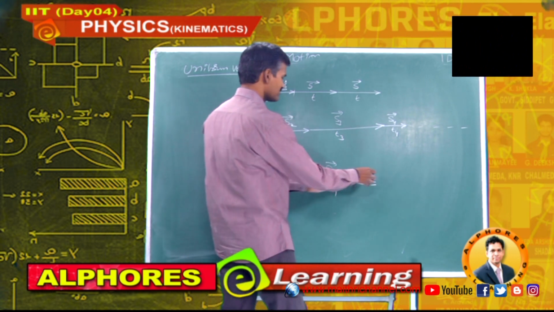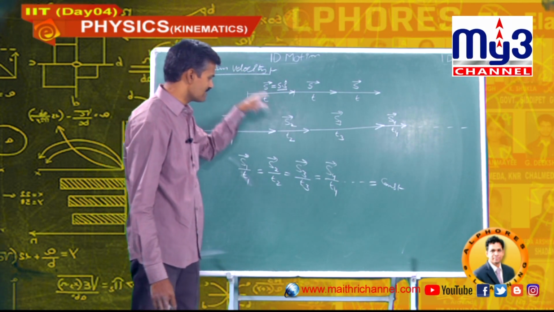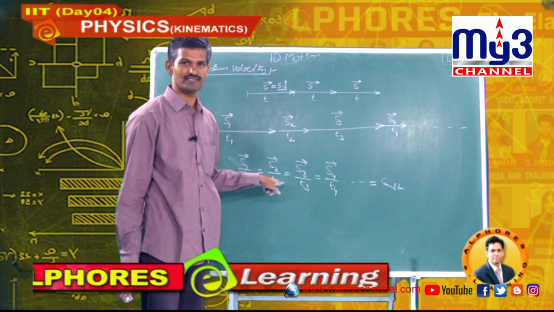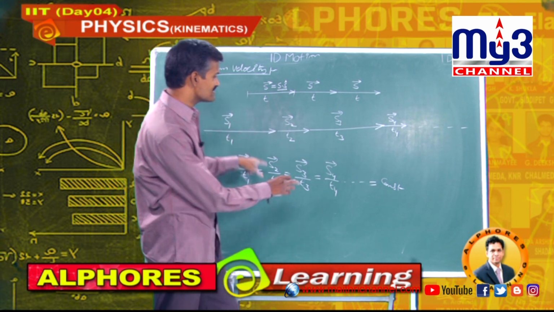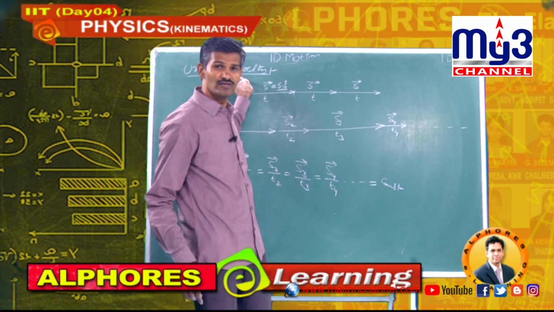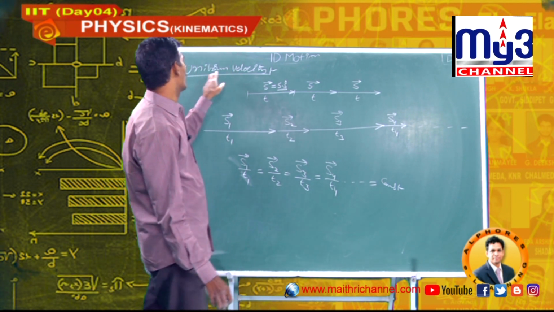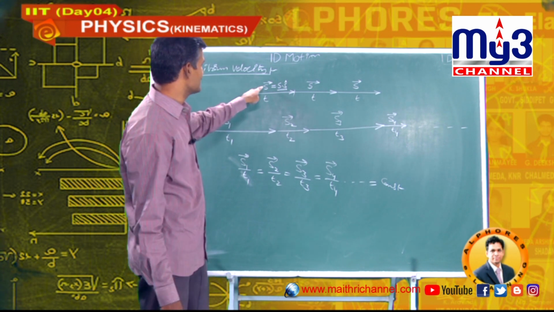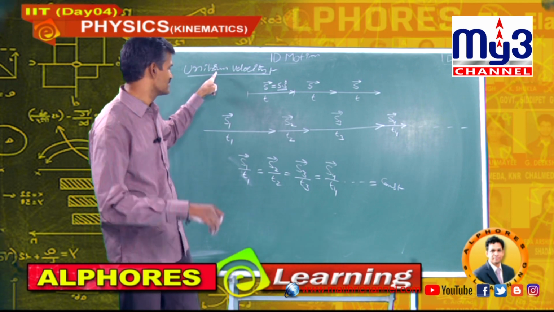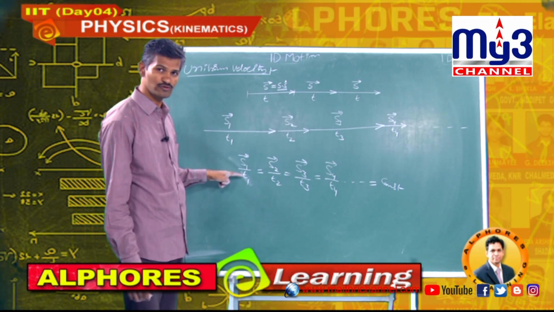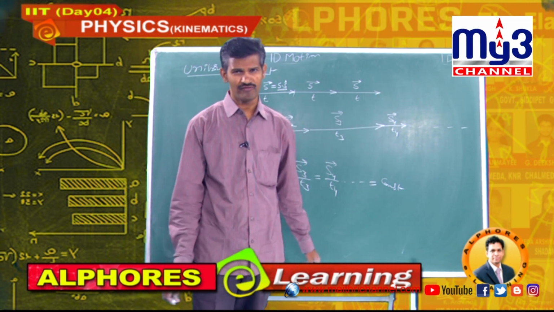If all these are equal to some constant, then that velocity is known as uniform velocity. If this is a constant, it can also be called constant velocity. If a body covers equal displacements in equal time intervals, then the body is said to have uniform velocity. Otherwise, if the ratio of displacement to time is constant, then also you can say that the body is moving with a uniform velocity.